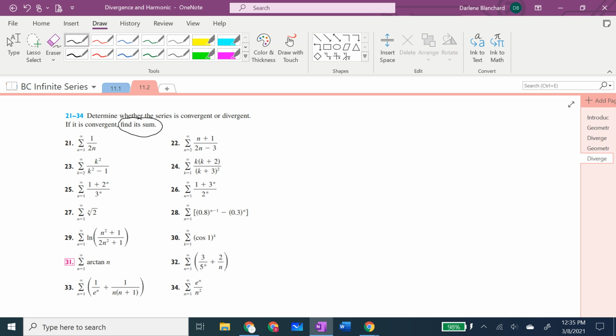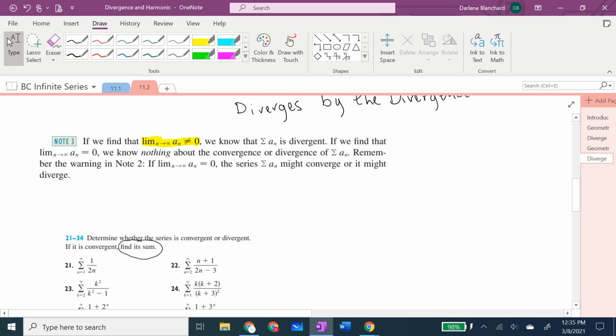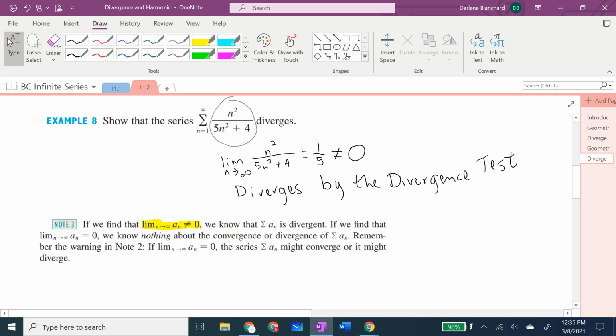And that homework, you don't need to write a ton down. I tried to tell you that all you need to write down, if it's the divergence test, is just this. That's all you need to do.